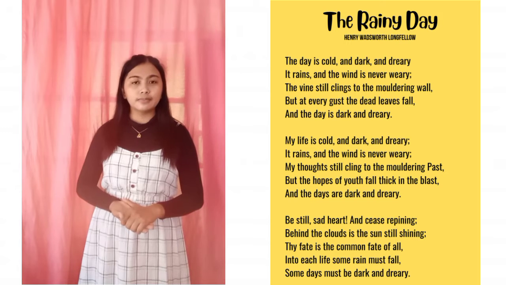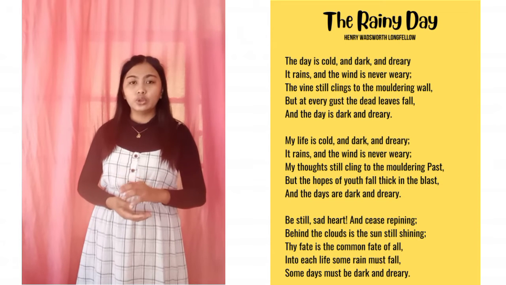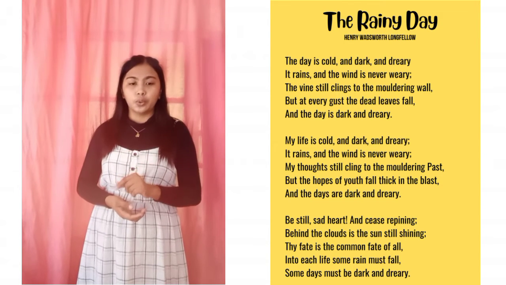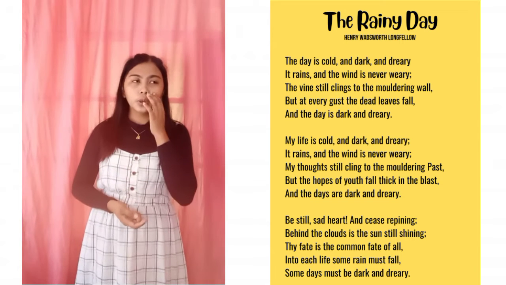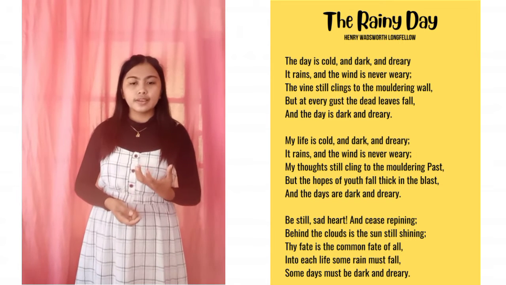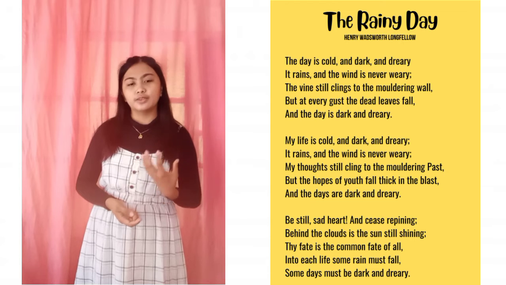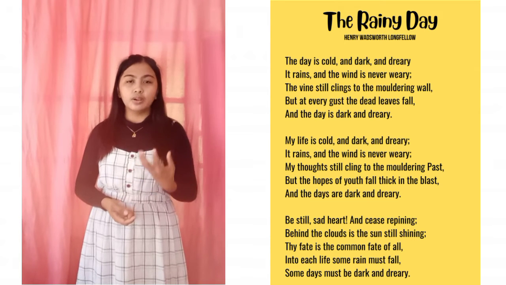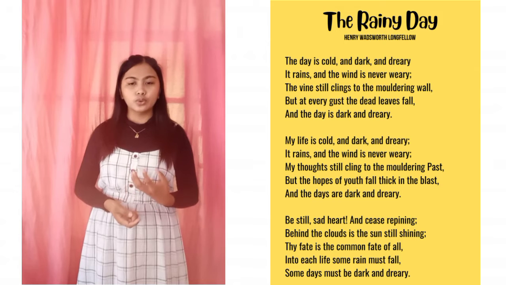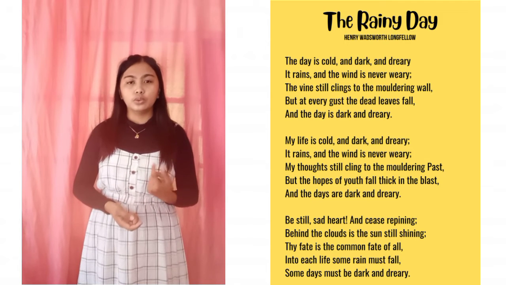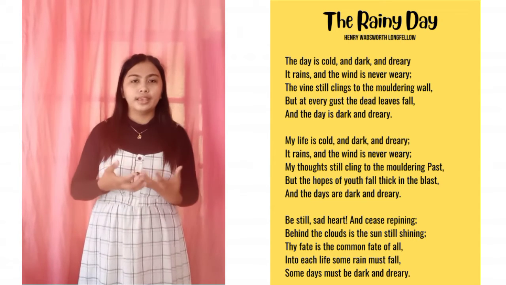Everyone can be in the same situation, and we need to be in the same situation to get to where we are now. The poem Rainy Day wants us to realize that we experience those rainy days because they molded us. It helps us to know what things we need to do today.